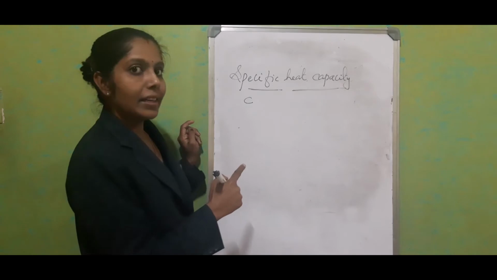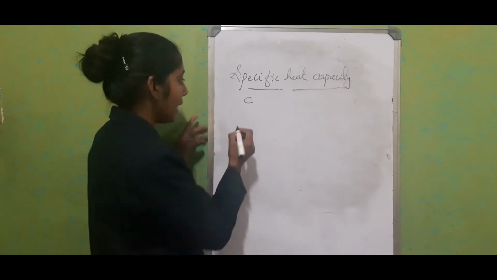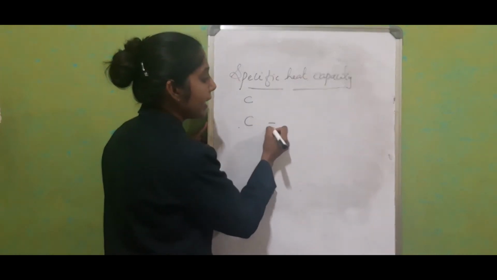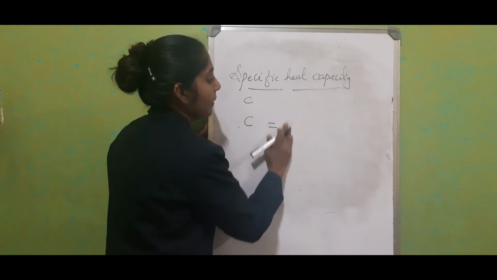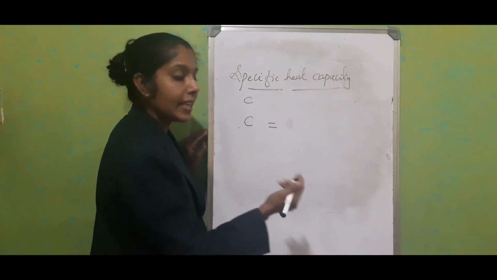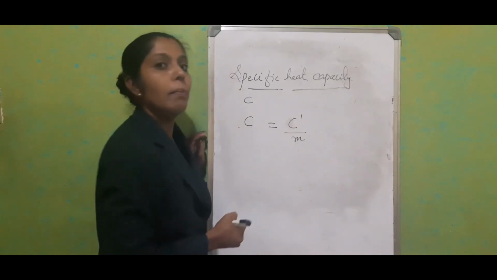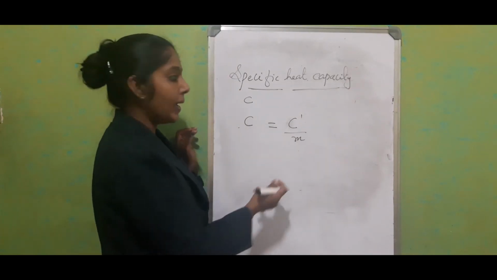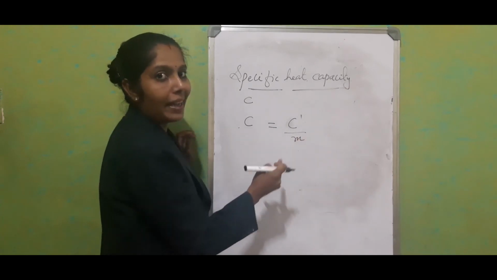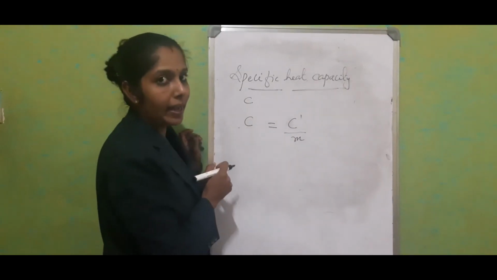Specific heat capacity is equal to heat capacity divided by mass. Heat capacity is represented by capital C dash, divided by mass.